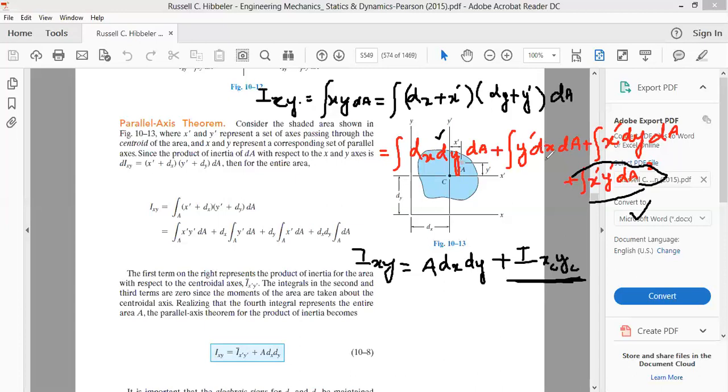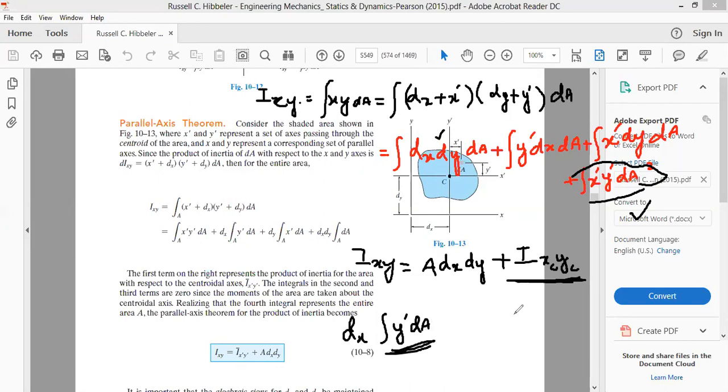Now we are left with these two terms. So we have integral of y prime dx dA. dx is constant, it will come out. It is the distance between the two y-axes. So we have y prime dA. What is this y prime dA equal to? You know, where is the centroid? The centroid lies here. What is the y coordinate of the centroid as measured from the centroidal x-axis? It is 0.